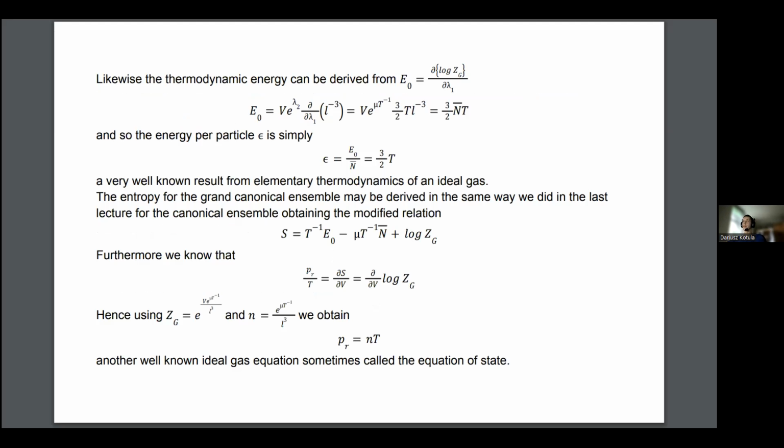Likewise, the thermodynamic energy can be derived from the derivative of the partition function.